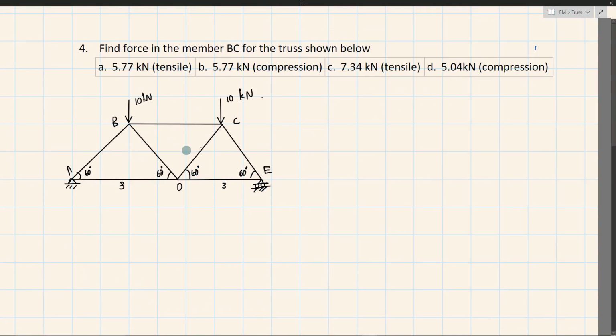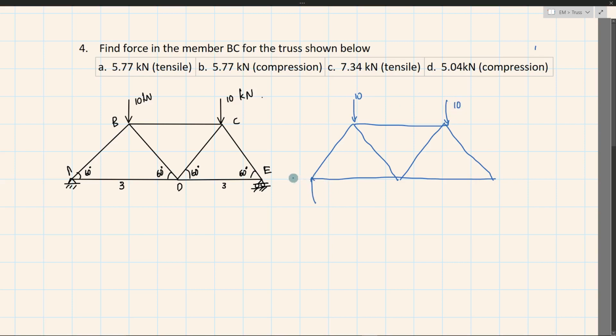So here again I'll consider the whole body as one single unit, and write a free body diagram for this. I have one force here of 10 kilonewton, another 10 kilonewton here, and a fixed support here, so I'll have horizontal as well as vertical reactive forces.